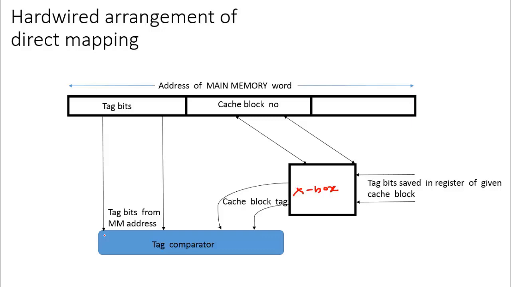It is basically a bit comparator, and you can design it with several XOR or XNOR gates. Now this tag comparator gives a one bit output, either 1 or 0. If it is 1, that means hit, meaning the word we are looking for is exactly in the cache memory. And if it is 0, that means no, the word we are looking for is not in the cache memory.